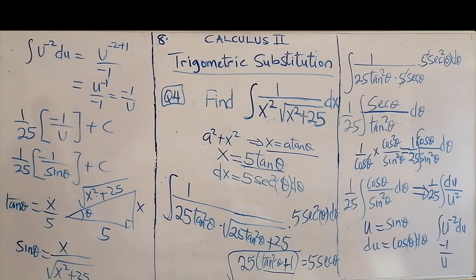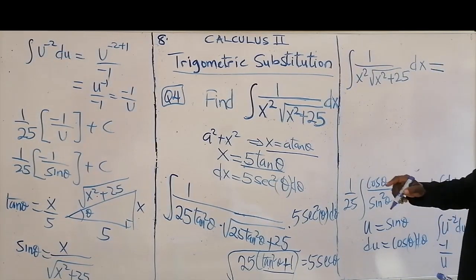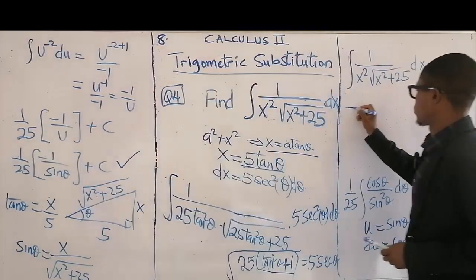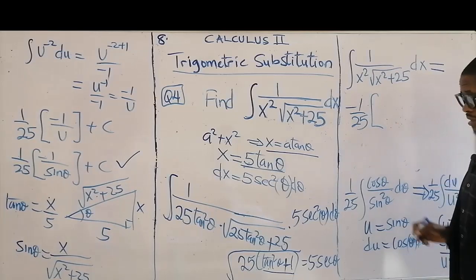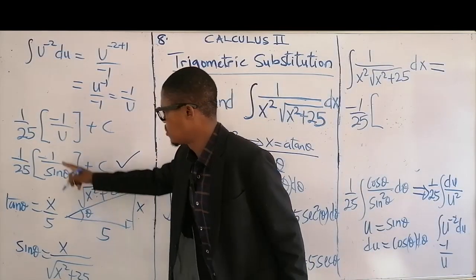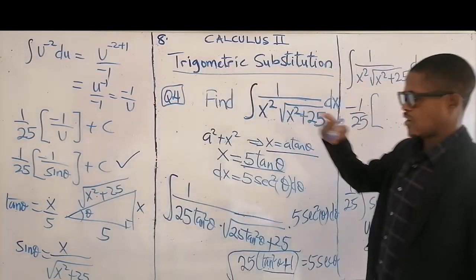So we'll just come back here and substitute the sin theta. Our answer will be this. The minus can go outside, so we have minus 1 over 25 in brackets. Then we have 1 over sin theta, so that means this fraction will be flipped upside down.